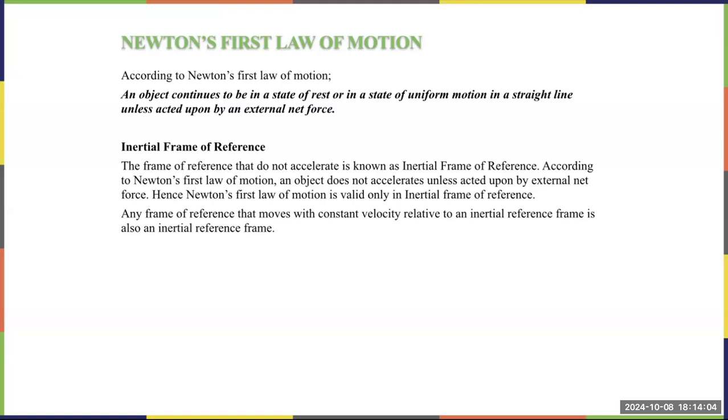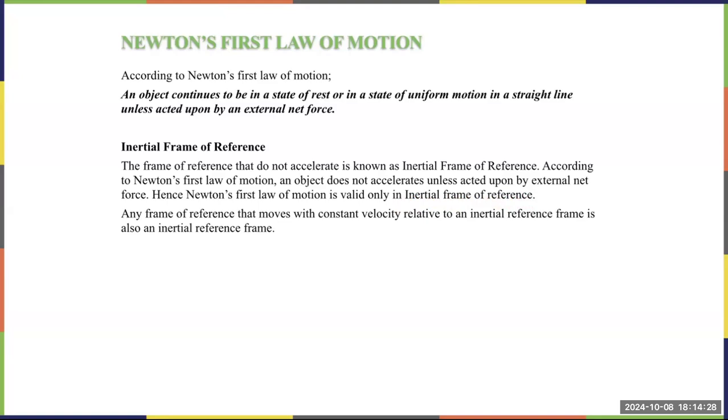And then according to Newton's first law of motion, an object does not accelerate unless acted on by an external force, right? And this is valid only in an inertial frame of reference. So what does that mean? The frame of reference itself is not accelerating. So what is the definition of an inertial frame?